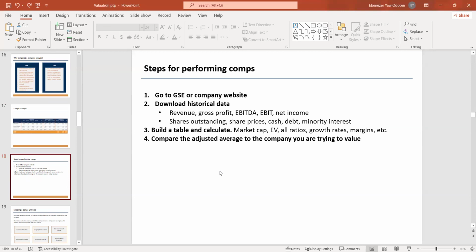On the company's website, you can find other information. You can also find the financial statements. The second thing is that you download the financial data. On the company's website, you can find the company's accounts. The most recent, let's say 2023, let's not use quarterly, 2023 full year would be available on the company's website by now. So you list the companies you want to use as comps. Start computing.